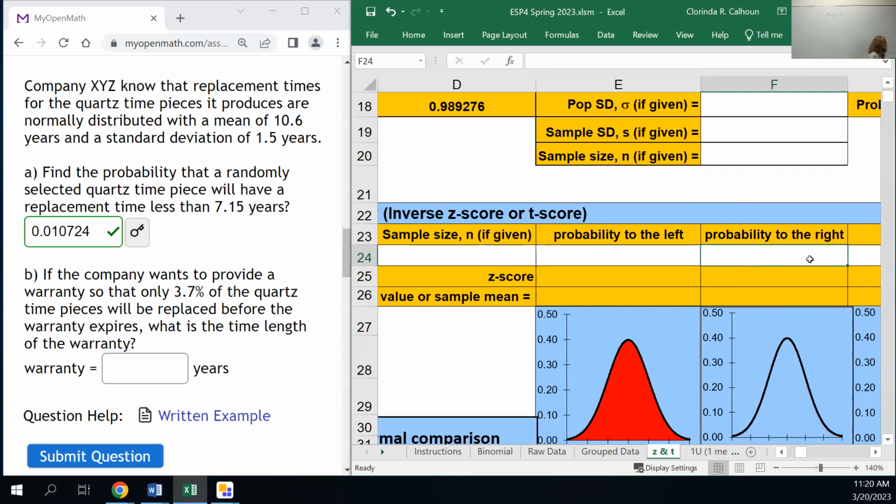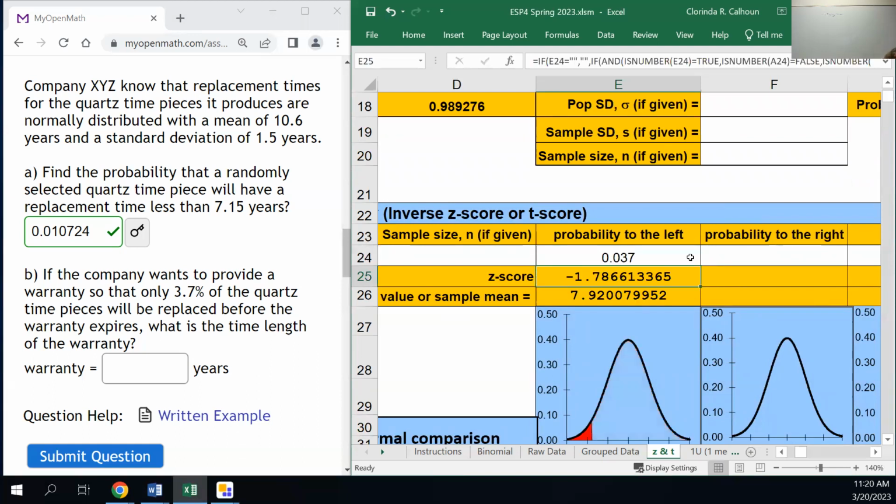So do you think this is going to be probability to the right or probability to the left, since it says before? Left. So type this in, your probability to the left. Make sure you change it properly. Move your decimal 2 places to the left. Okay. We're looking for a value.